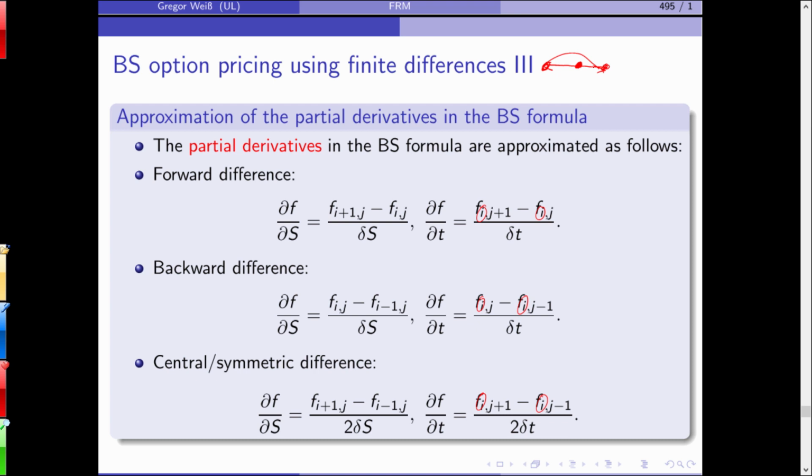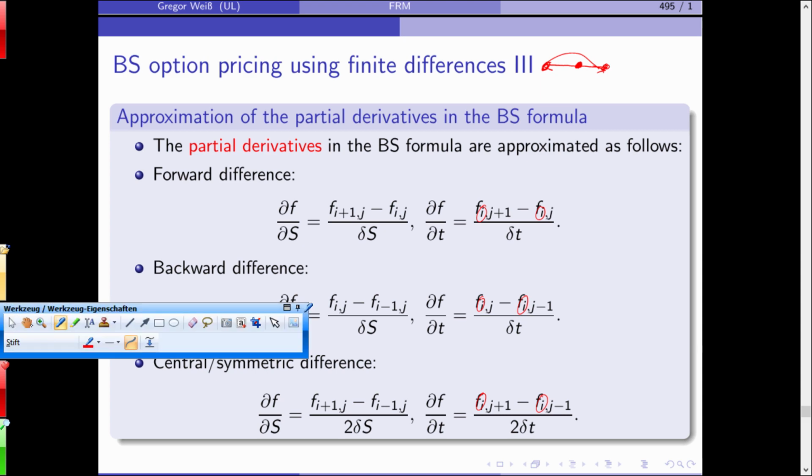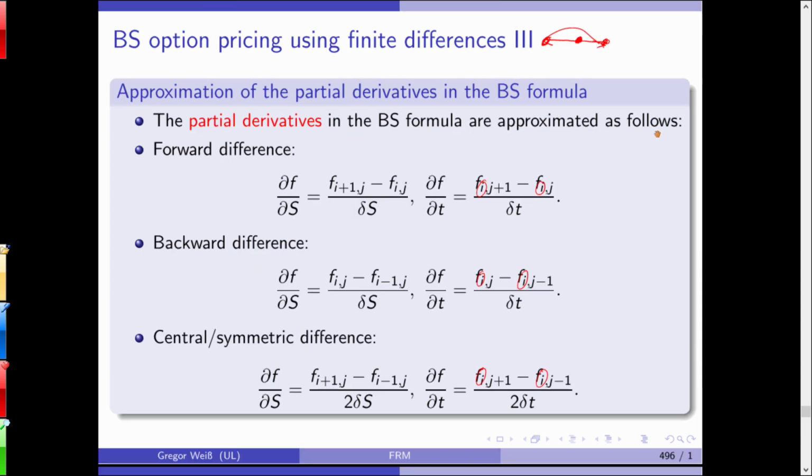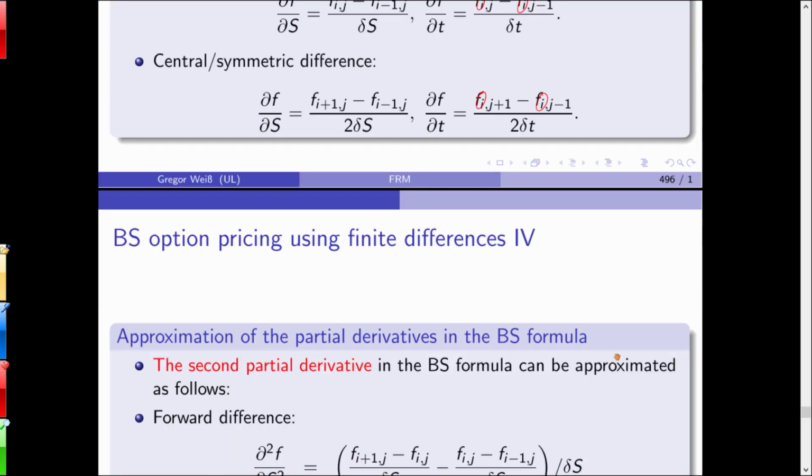Yeah? Fij plus 1 minus Fij minus 1 over 2 delta t. And then you get an approximation. In this case, this is always given for the option delta. So this is the first Greek and the first partial derivative.